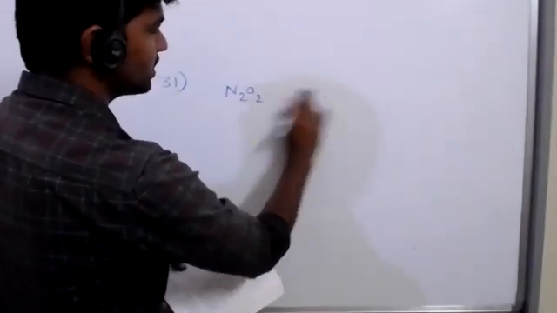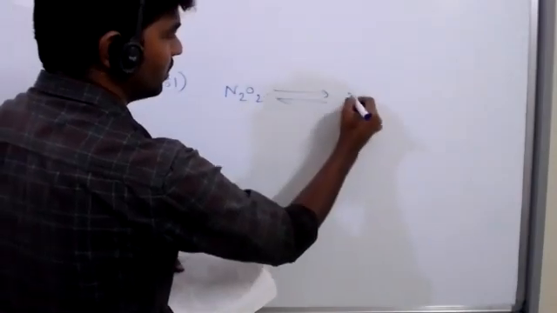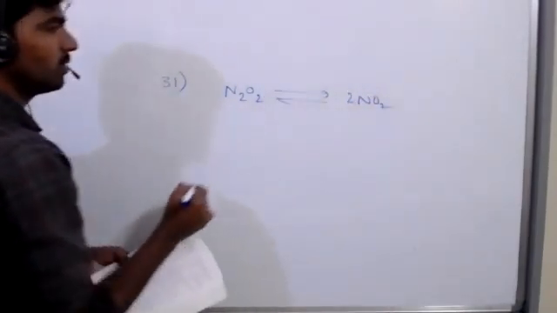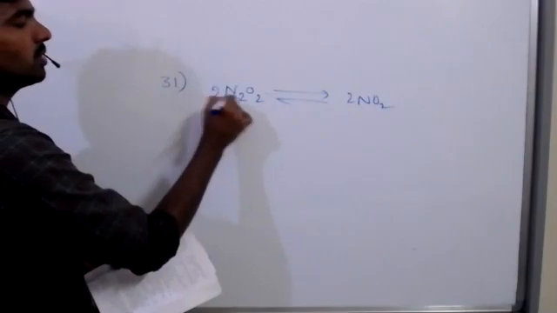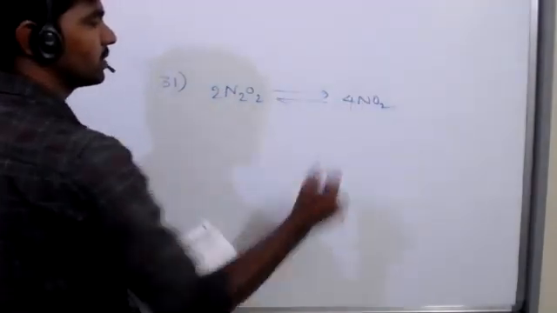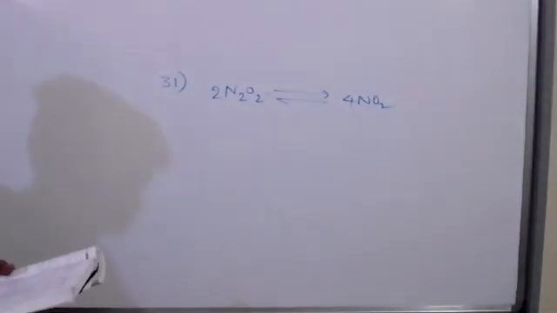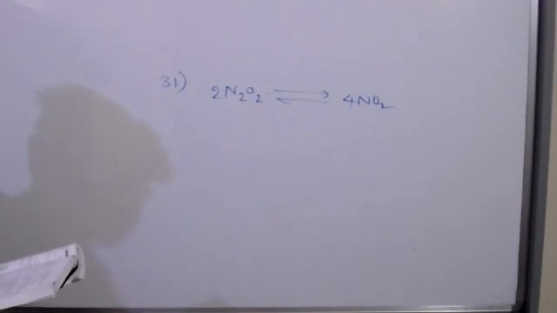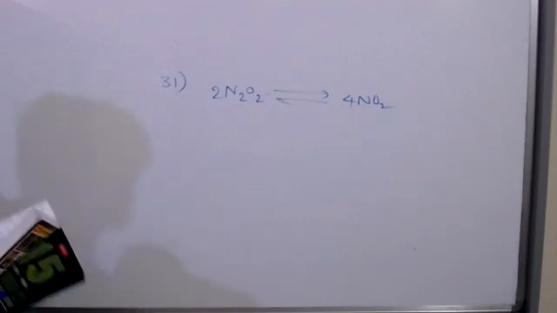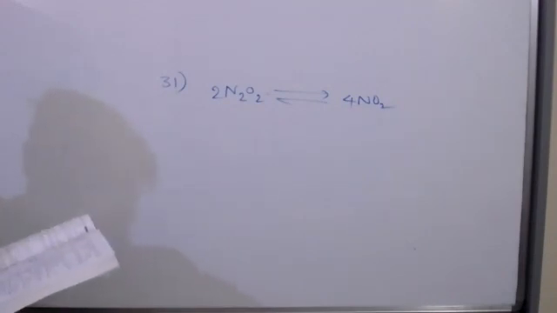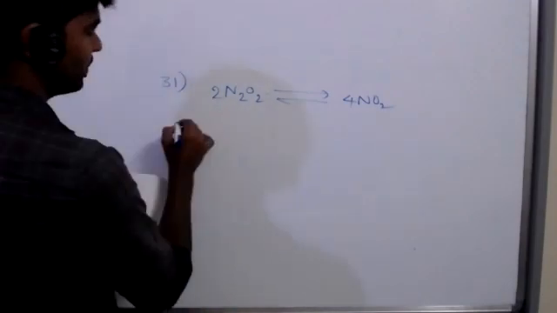N2O4 decomposes and gives 2NO2. But suppose it is 2 moles, here 4 moles of NO2 is produced according to the reaction. Initially we are taking 2 moles only.